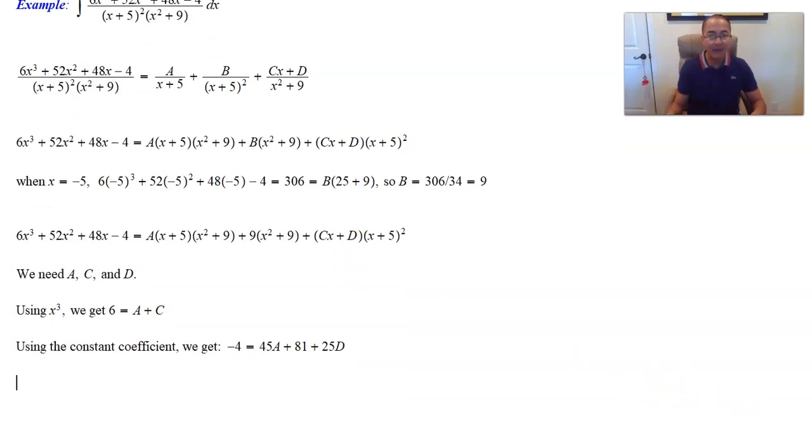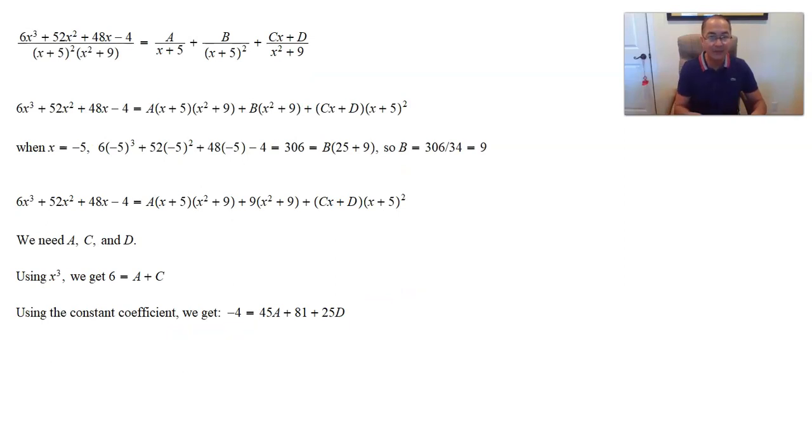Okay, so that's good. And now, notice something nice. We get 45a plus 25d must be -4 minus 81, or minus 85. That's good because all 3 coefficients are divisible by 5, so we can reduce this to 9a plus 5d equals, is that 17?